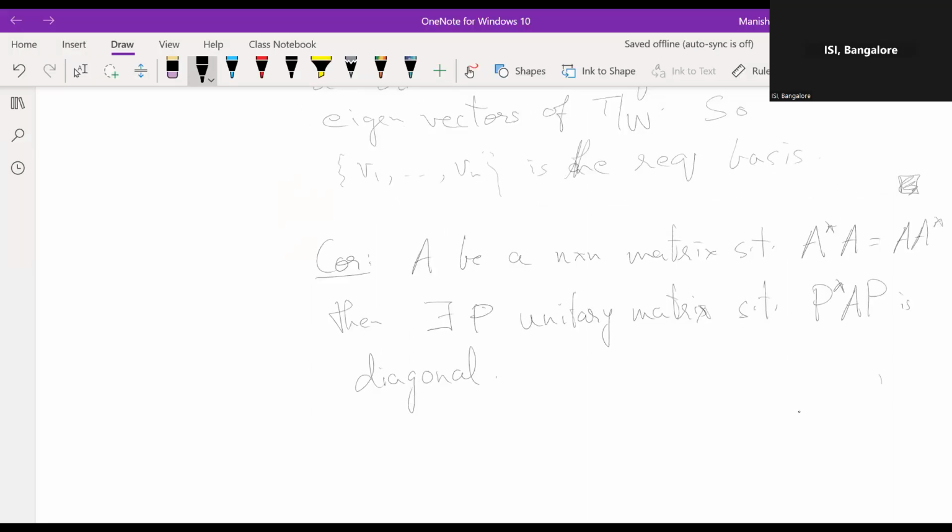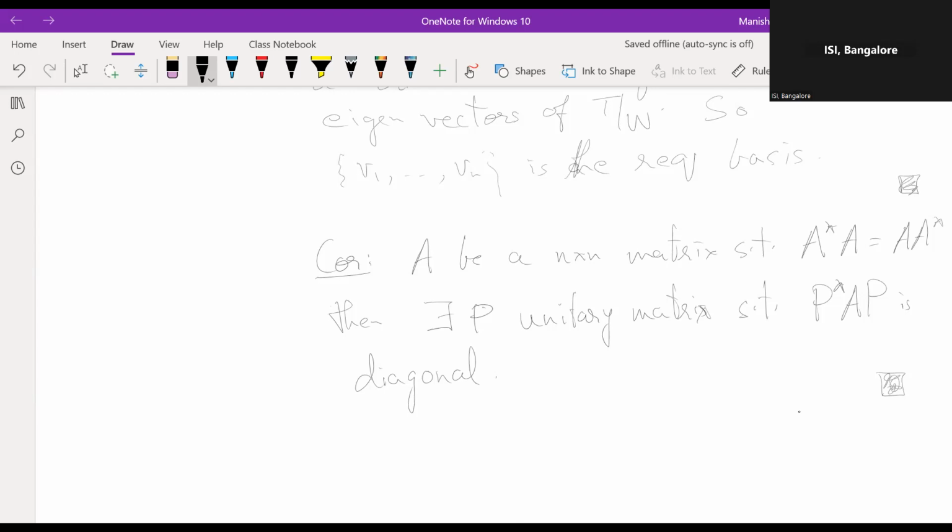So this is the spectral theorem. There are many consequences of the spectral theorem which I want to state. I took a shortcut to the spectral theorem, so I skipped a few propositions and so on, which are proved earlier to get here. I'll state and prove some of them maybe in the next class.